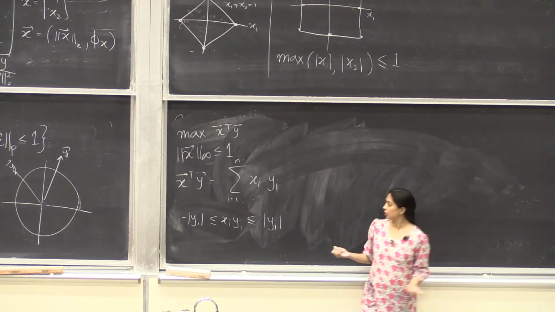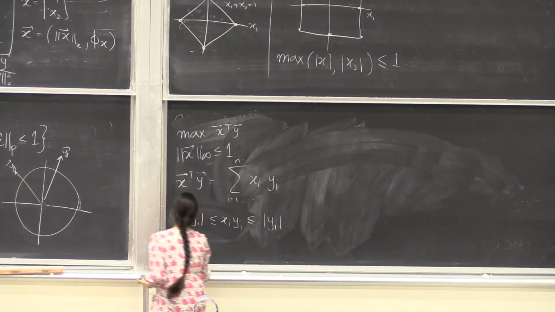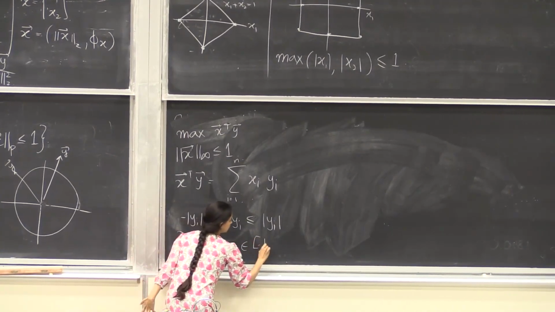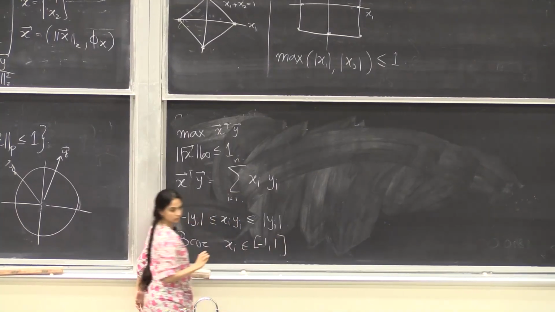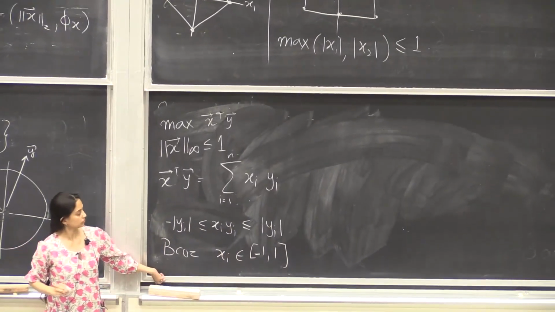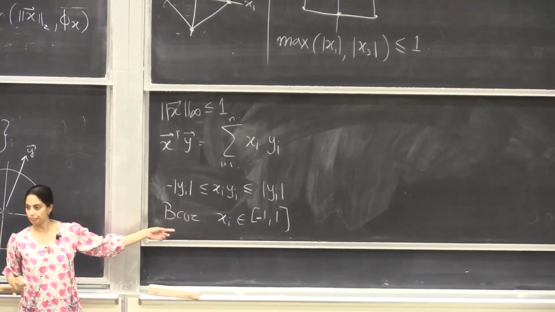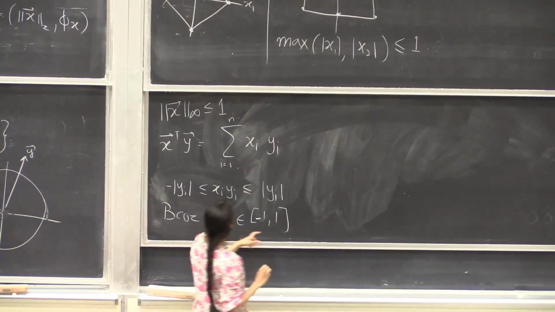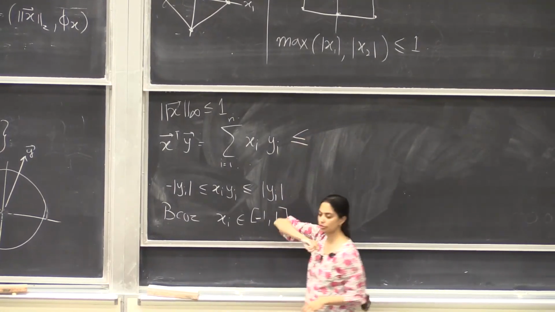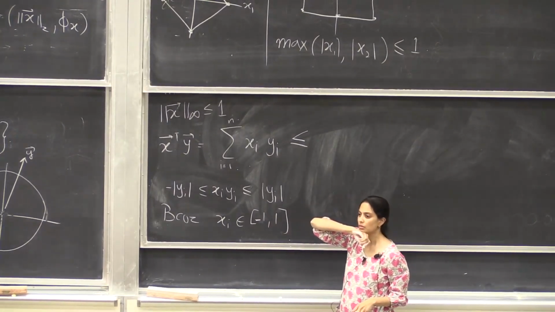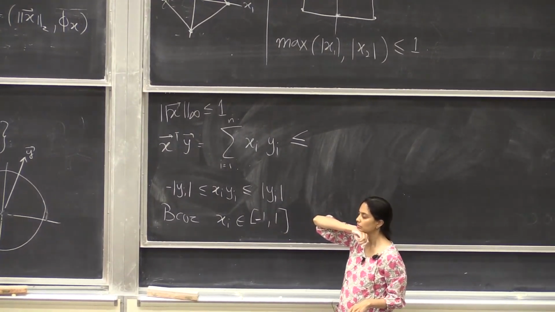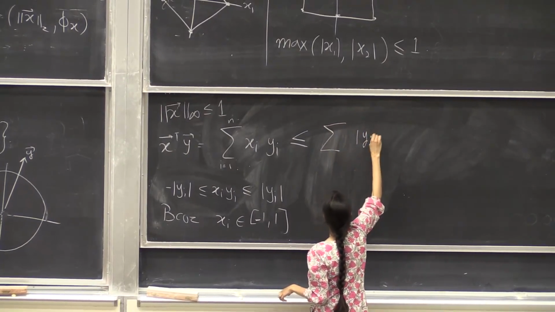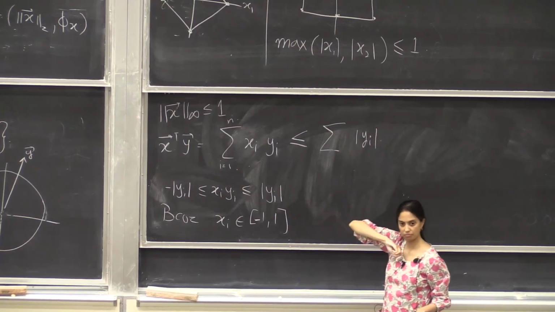Because xi is always going to belong between -1 and 1. So this is less than or equal to what?